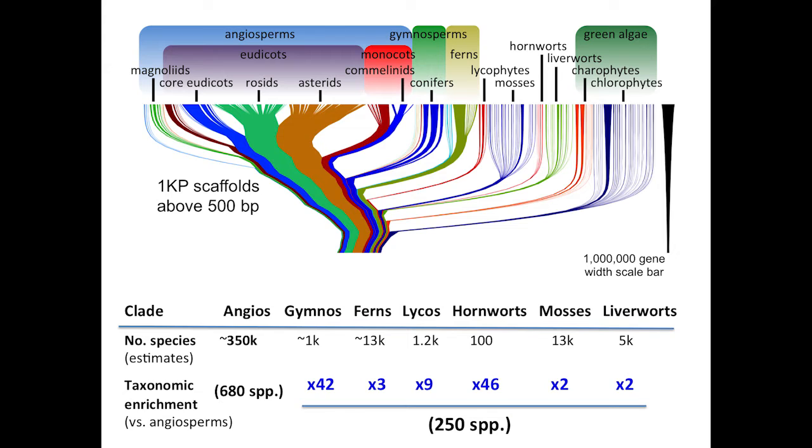So all of the land plants outside the angiosperms: gymnosperms, ferns, lycophytes, and the 3 bryophyte lineages. Although these seem a bit thin compared to the flowering plants, they're actually sampled in some cases at a much higher density than clades within the flowering plants. And we did that on purpose because I was in control of the sampling of this part of the tree.